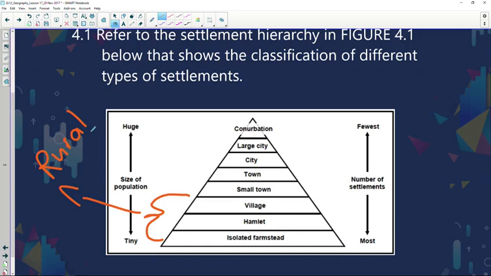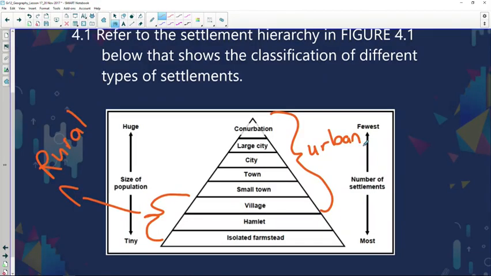If you look at the small town, city, large cities and conurbations, that's our urban settlements. Urban settlements are usually multifunctional, with more activities taking place, for instance secondary and tertiary activities, and especially in large cities, quaternary activities also take place.